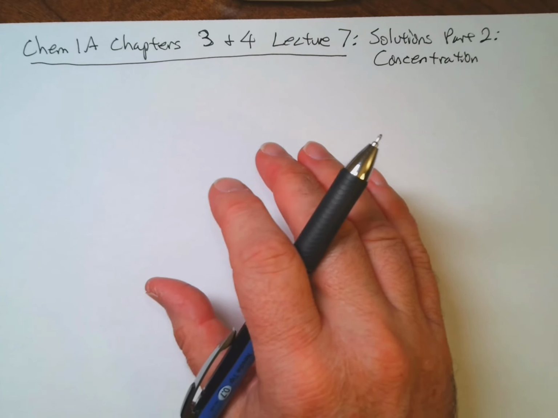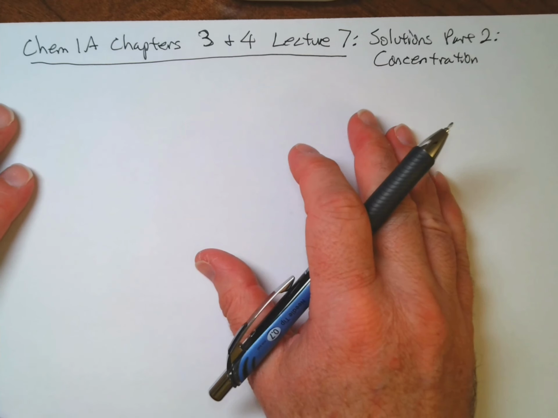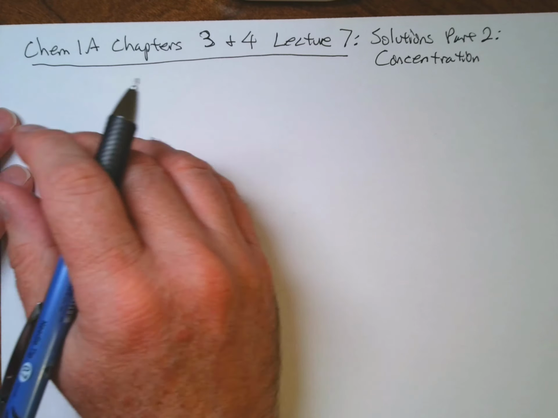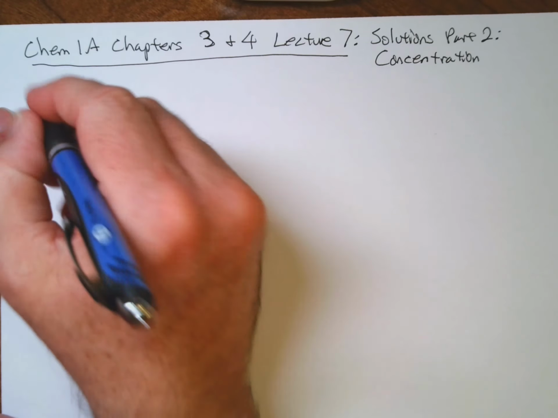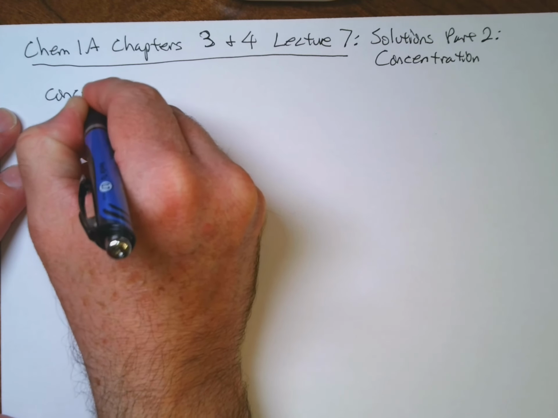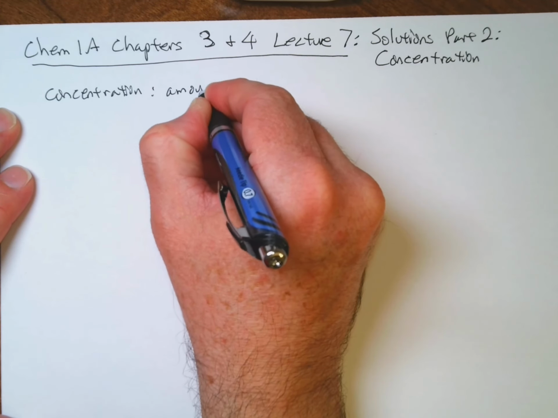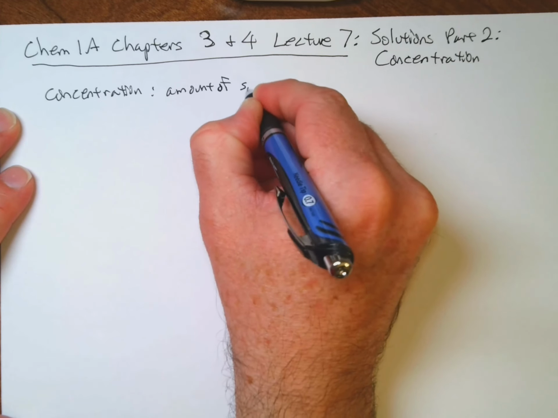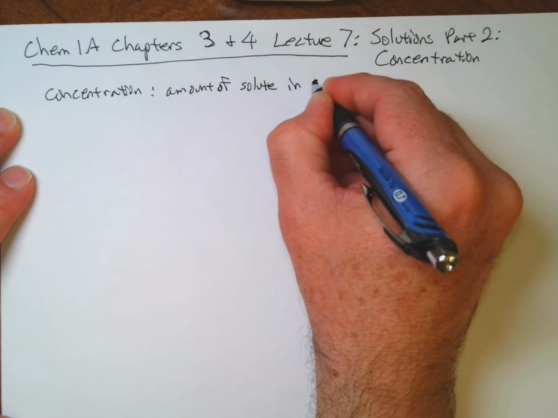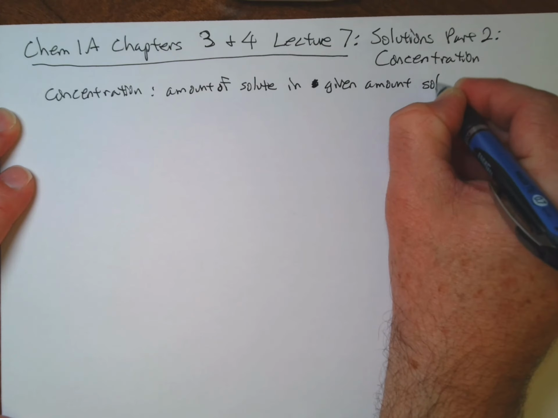So in order to do any calculations, we have to be able to quantify how much solute is dissolved in our solvent. So what we are going to do is use the concept of concentration. In this case, we will say amount of solute in a given amount of solvent.